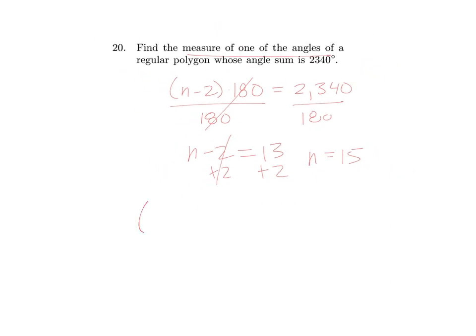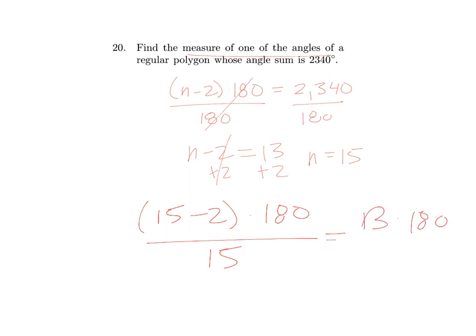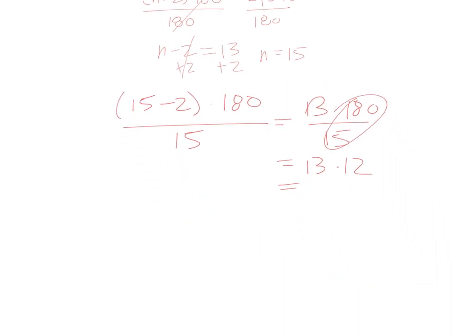So I'll use the formula now, n minus 2, 15 minus 2, times 180, divided by n, which is 15. So I have 13 times 180 divided by 15. So I have 13 times 12, which is 156 degrees. Done.